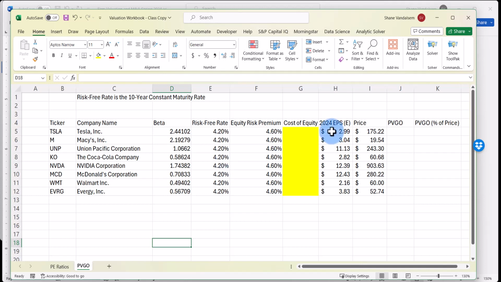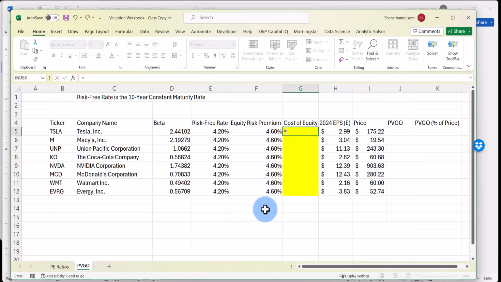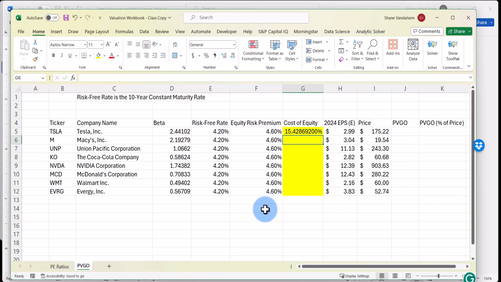We have the equity risk premium, and this is the required rate of return of the average stock over the risk-free rate. And so, using the security market line, we can calculate the cost of equity. So the cost of equity is equal to the risk-free rate plus the beta of the firm multiplied by the equity risk premium.